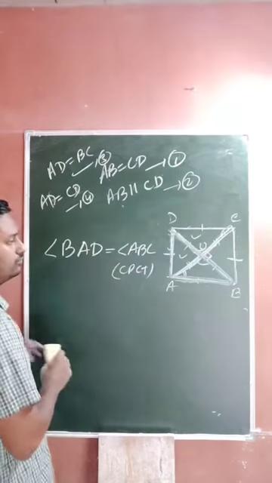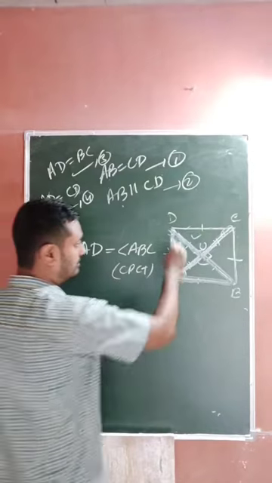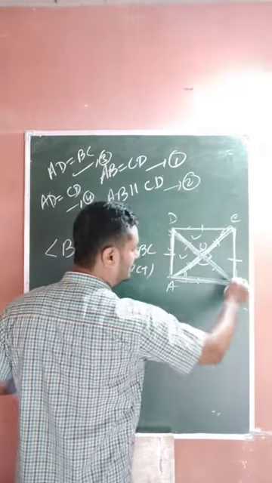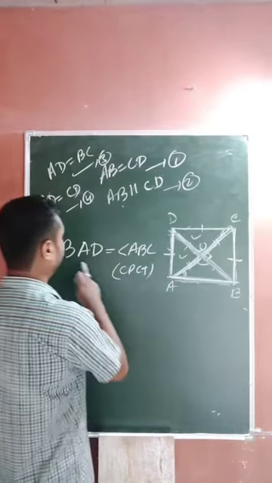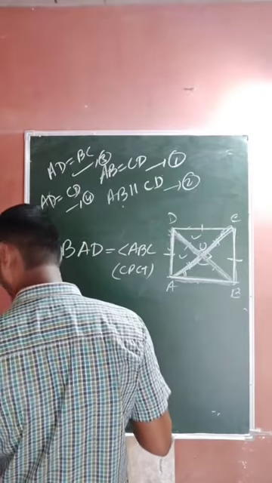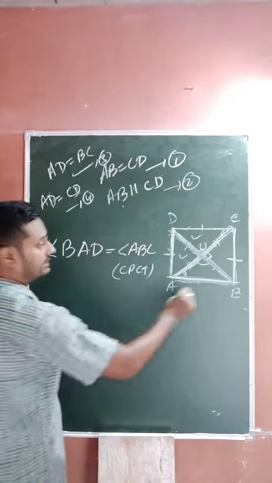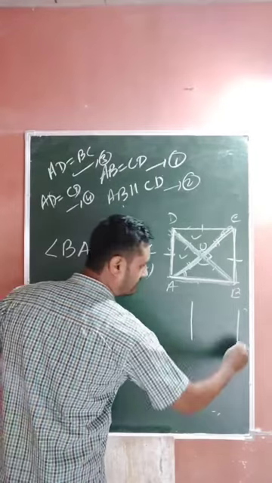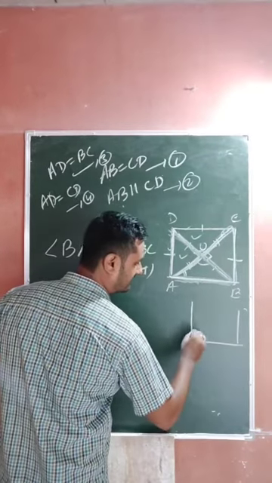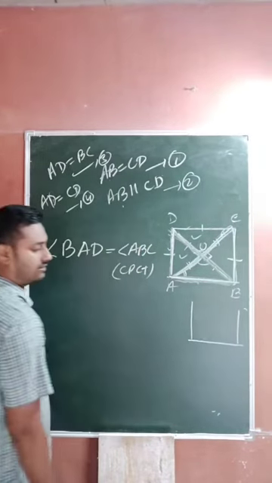But all of you know we already discussed this parallelogram. This and this are parallel, and this one is a transversal, so these two angles are co-interior angles.